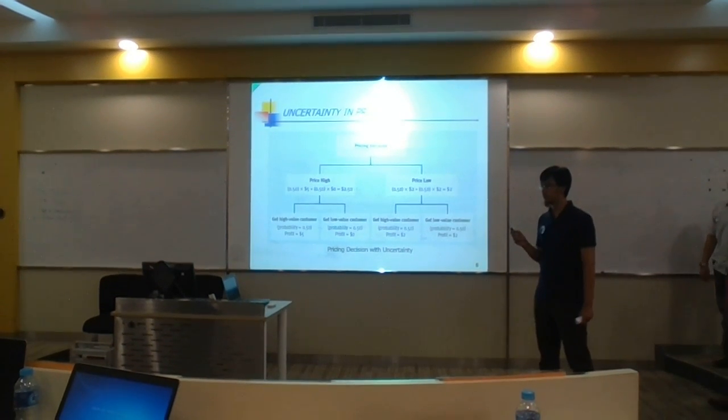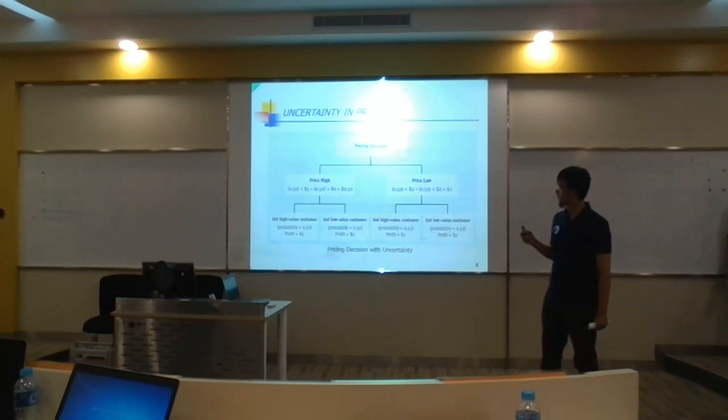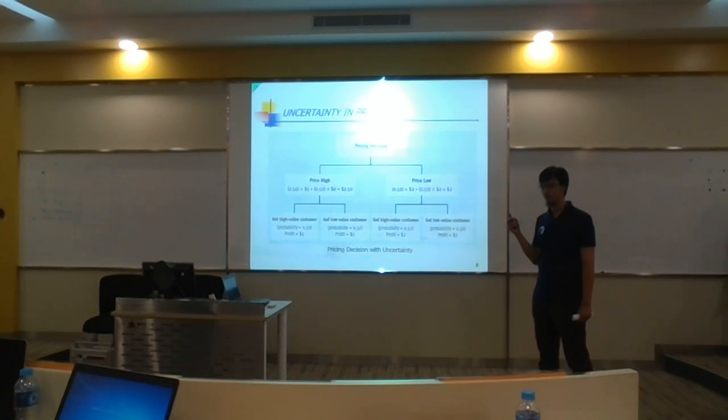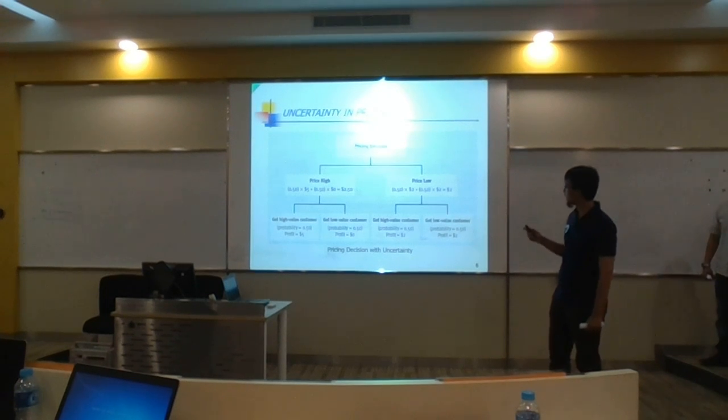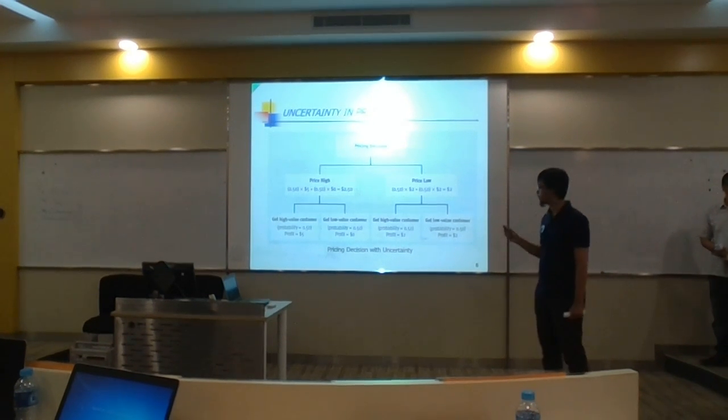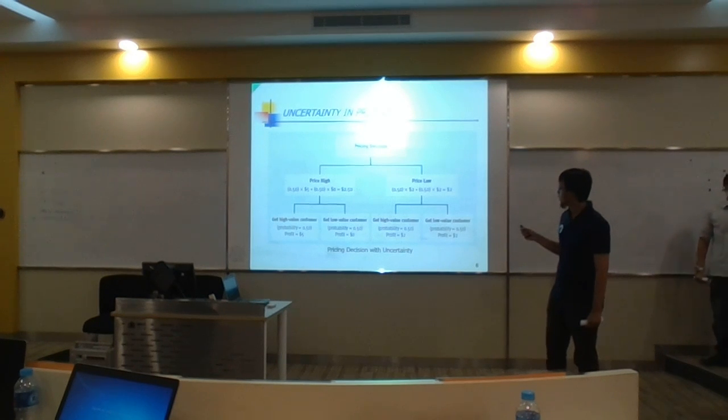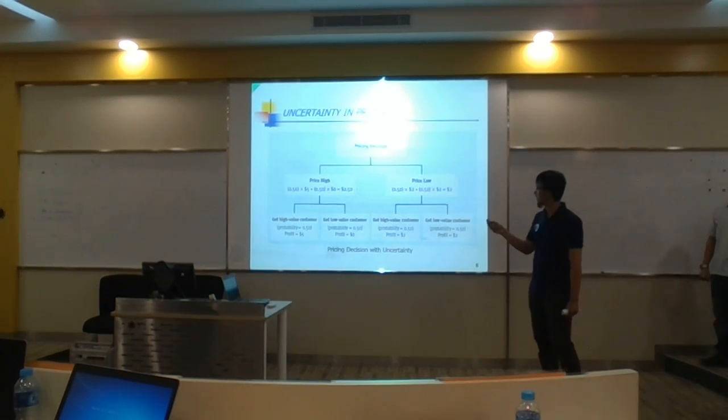There are two decisions that we should make: whether we sell it at a high price or at a low price. At the high price we can get the high value customer, and at the low price we can get all the customers. This is an example of how we decide to set the price, whether it is high or low.